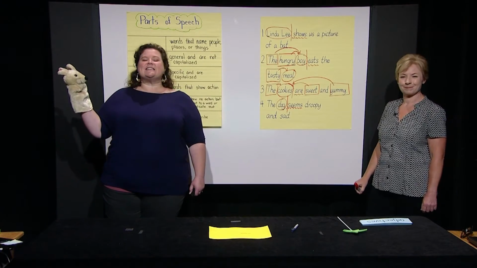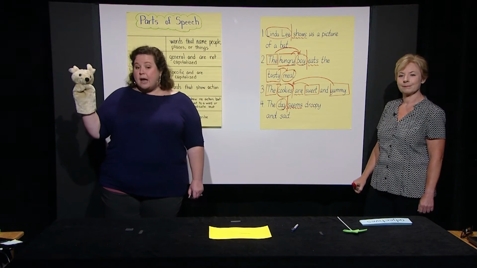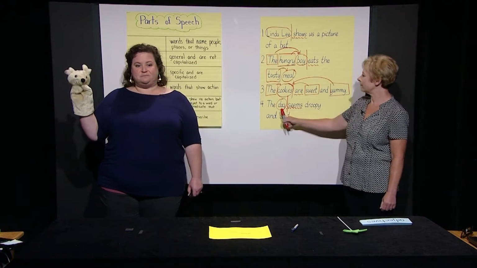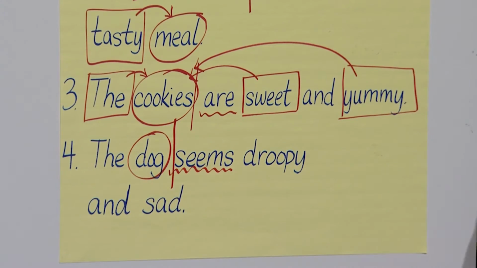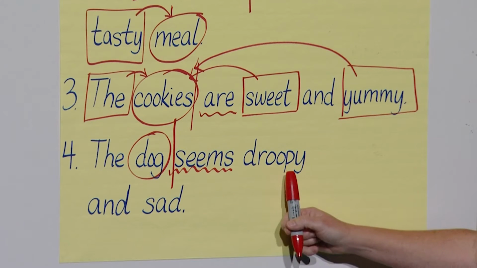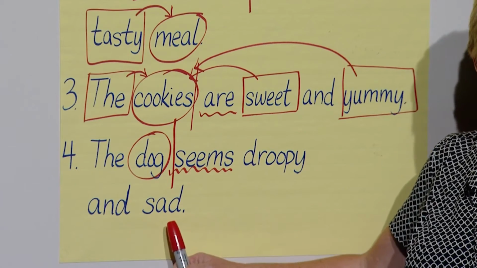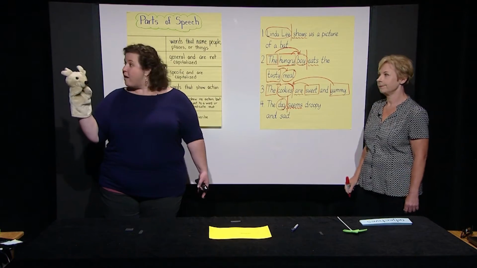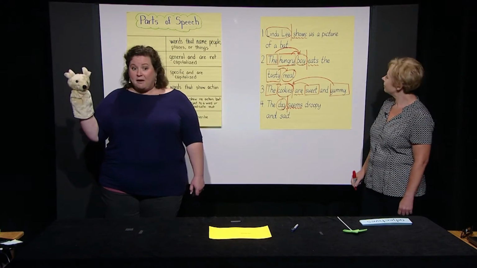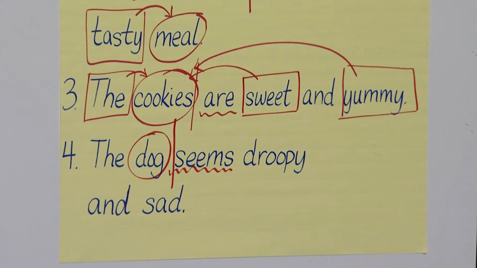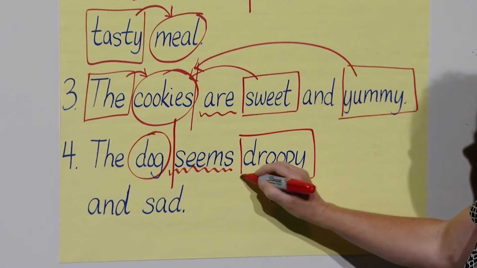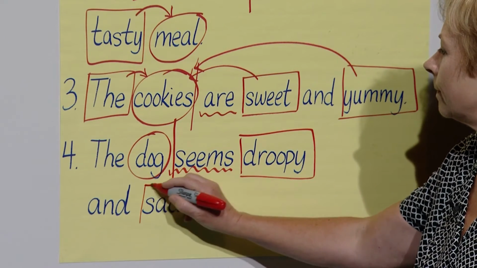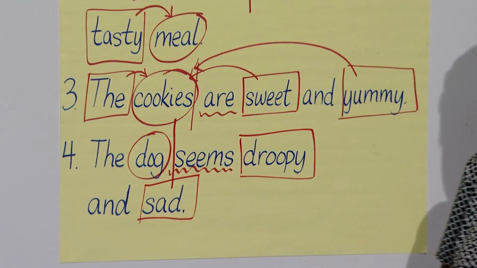Perfect! Scholars, let's read the subject with Rattenborough. The dog. Now, let's read the predicate. Seems droopy and sad. Now, let's look for adjectives. Candy, box in droopy and then box in sad. Those describe the dog.